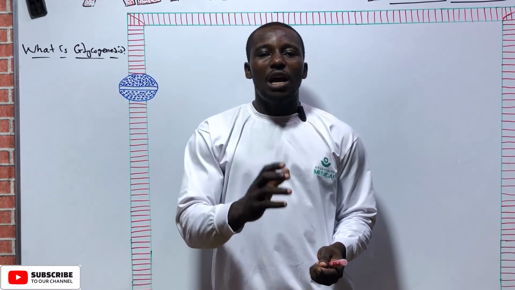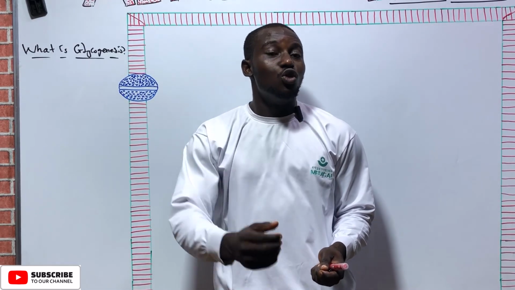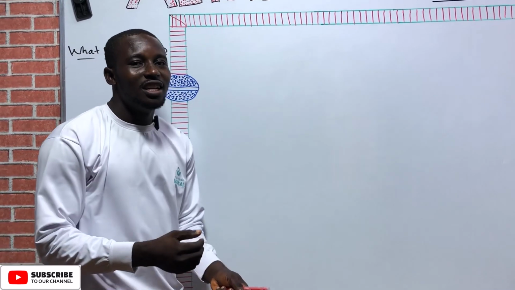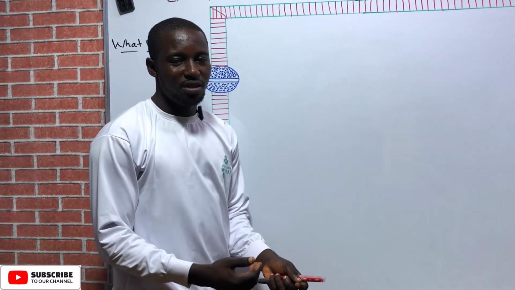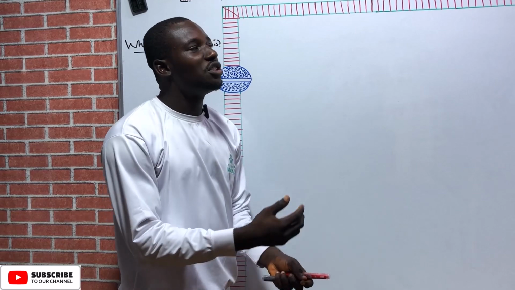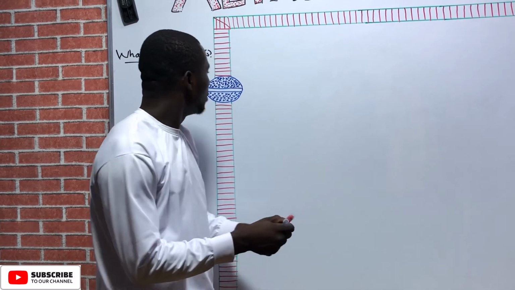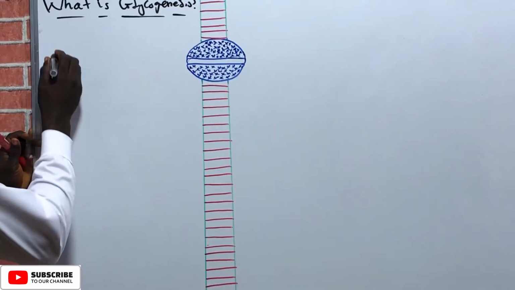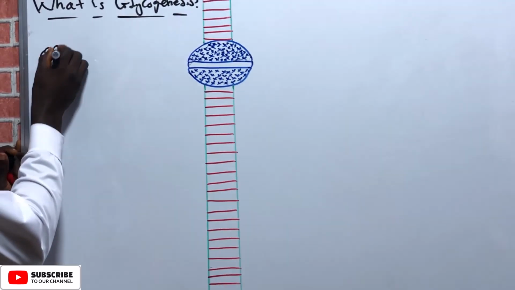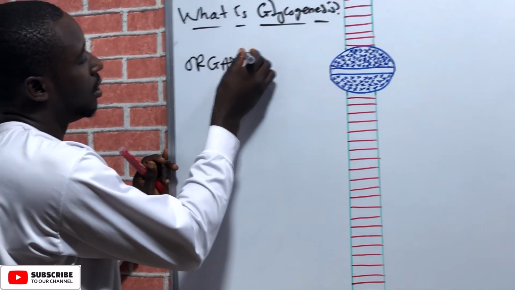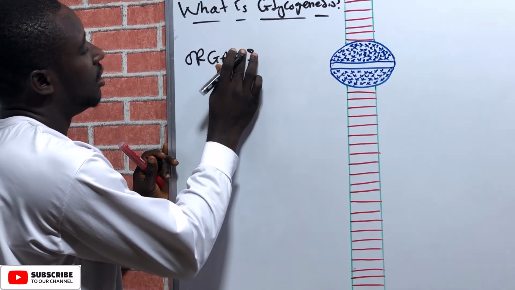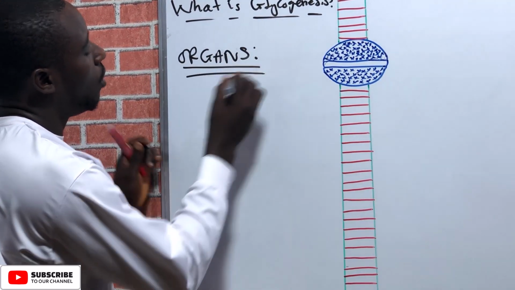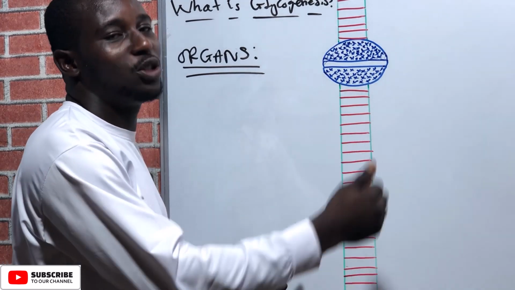Okay, now our next outline under this glycogenesis is the organs of metabolism, that is the organs in which this pathway takes place. What are the organs in which this pathway takes place?